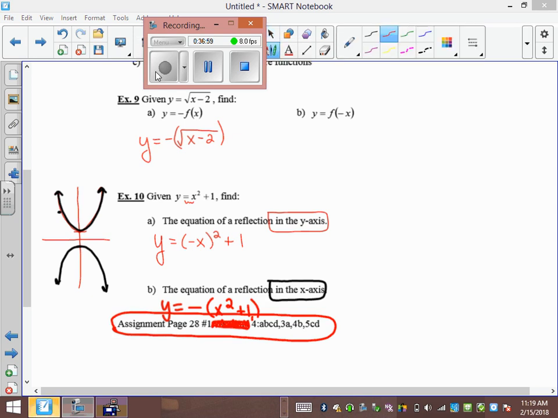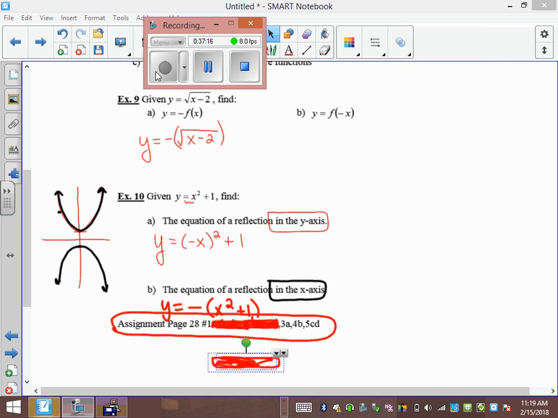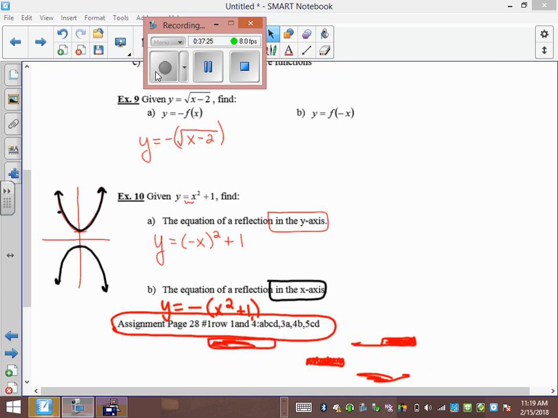No idea what this is. Oh, wow. I have layers. Oh, oh, oh. Whoa. I was just having fun.